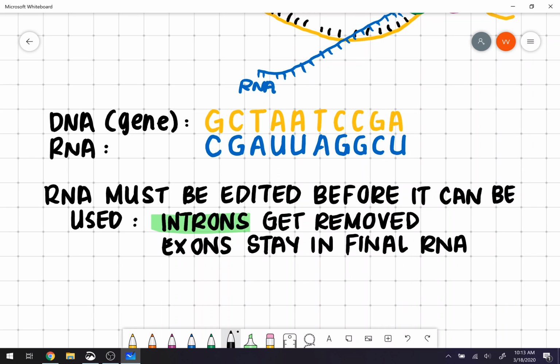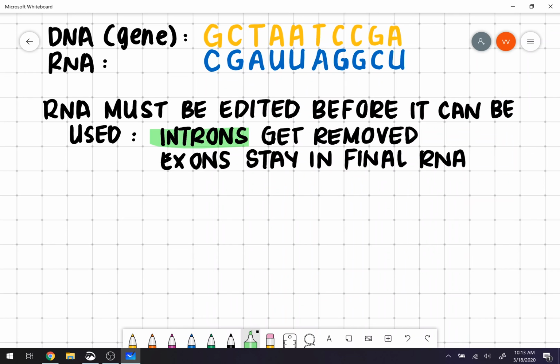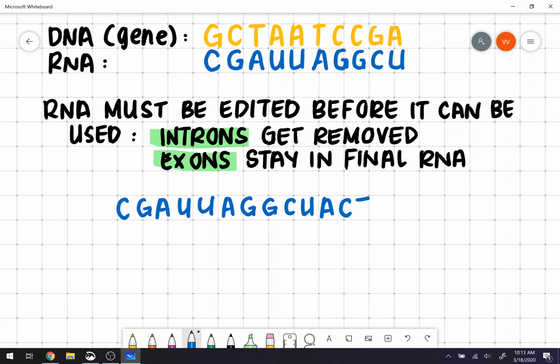Okay, so what does this look like? Well, let's pretend that we have our RNA molecule, C, G, A, U, U, A, G, G, C, U, and then we're going to continue this on. Let's pretend the rest of it looks like this. Okay, so let's pretend that this is the entire RNA sequence.